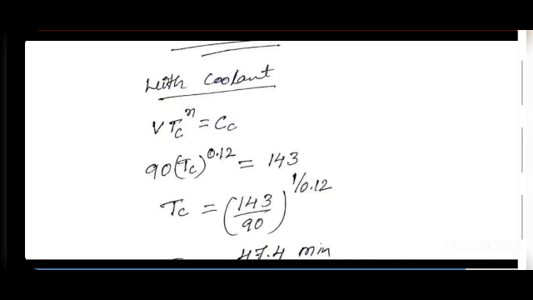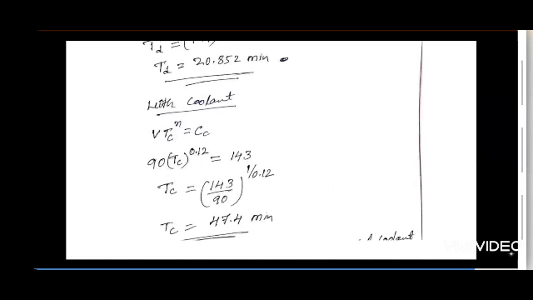Initial C value under dry condition is 130. 10% increment is nothing but 1.1 times, 1.1 into 130. It will give 143. It is CC. TC is equal to (143 divided by 90) to the power of 1 by 0.12. Because of use of coolant, tool life is increased to 47.4 minutes.